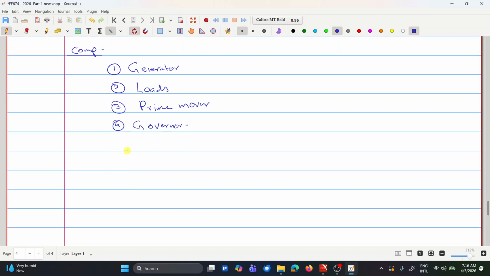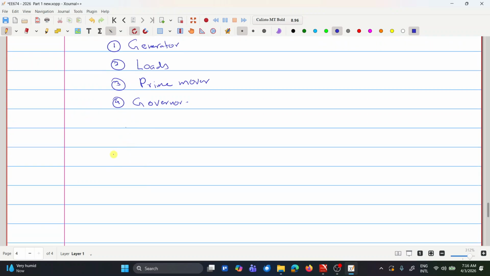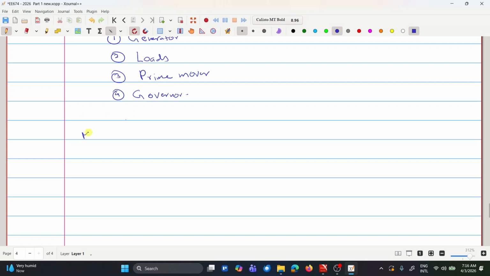So we are basically building the model for each of these physical components. You know what a model is: models describe or represent the real world thing using a mathematical equation.